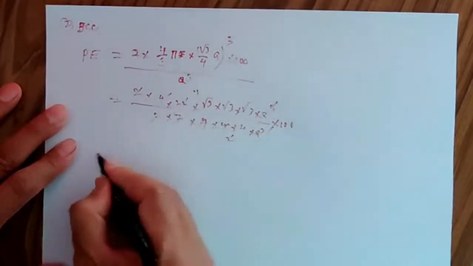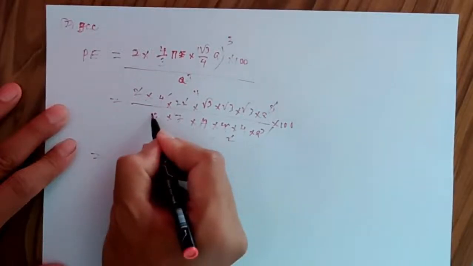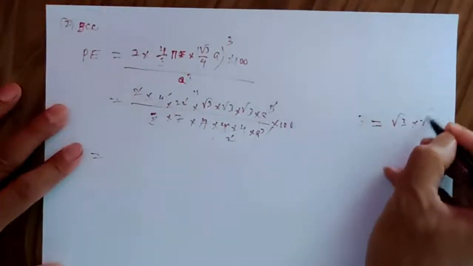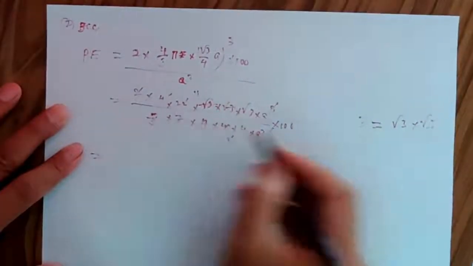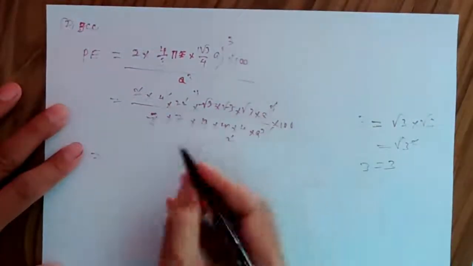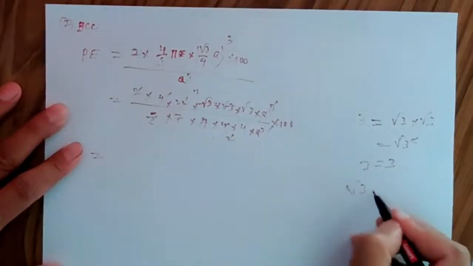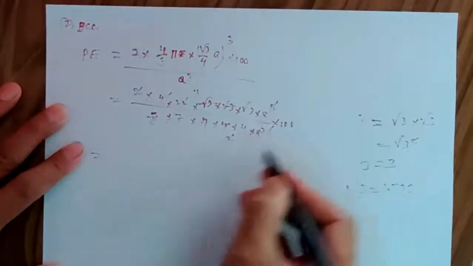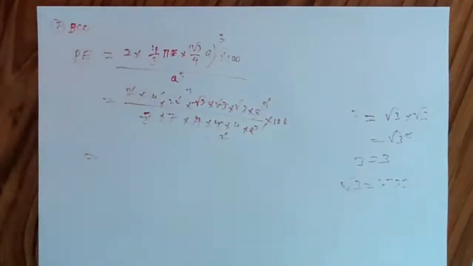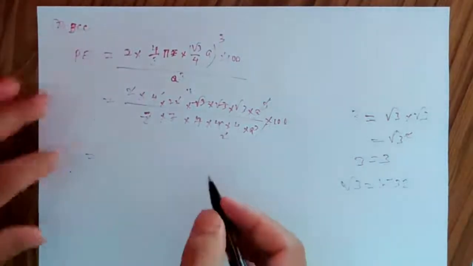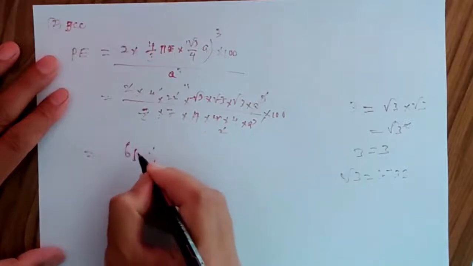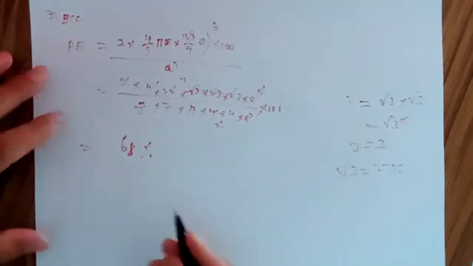Root 3 whole cube gives 3 into root 3, and root 3 whole square is 3, so these cancel. Then the value of root 3 is 1.732, into 100, divided, and you will get 68%. 68% is the packing efficiency for BCC.